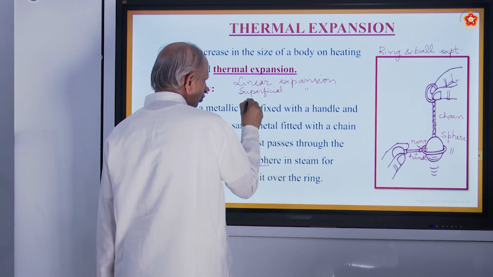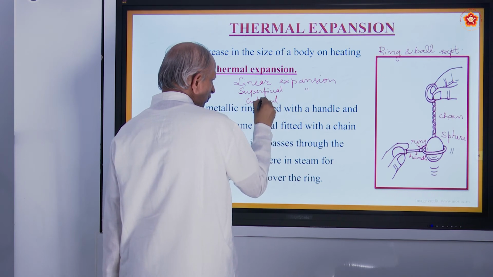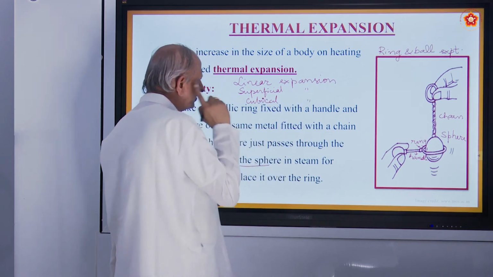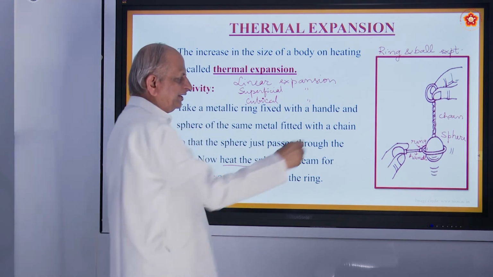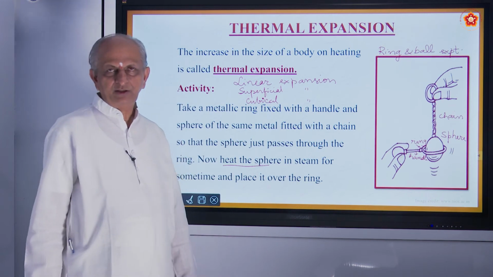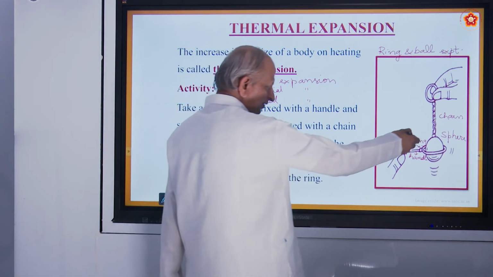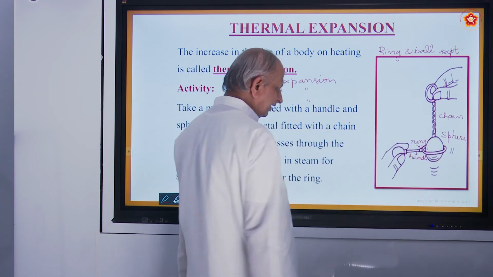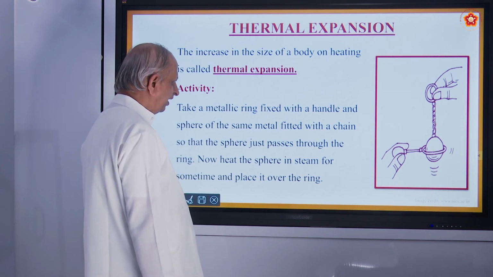Third one is cubical expansion, or expansion in the volume. So there will be three kinds of expansion. This is an example of cubical expansion, where the volume increases. Because of the volume increasing, the ball will not go inside the ring. Instead of that, it will stay on the top of that.